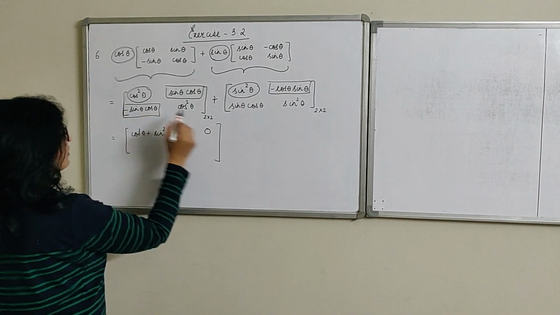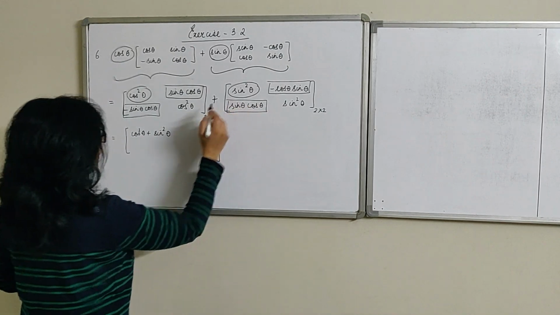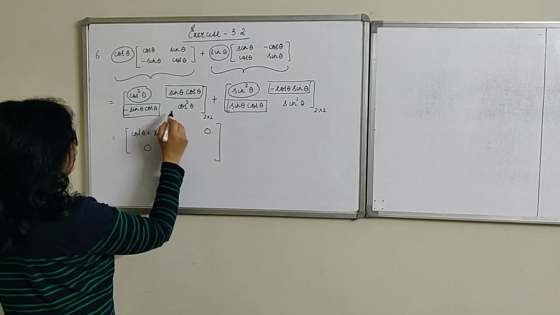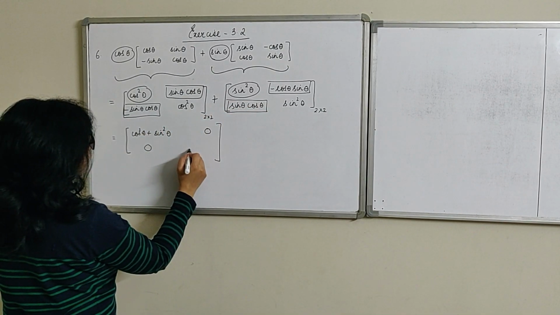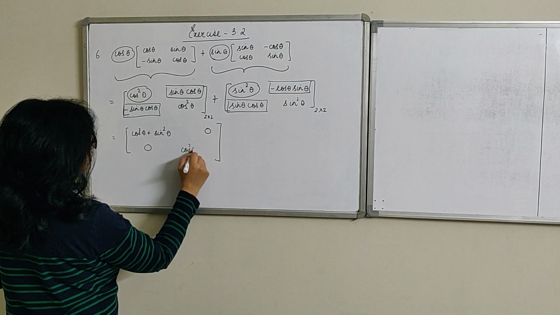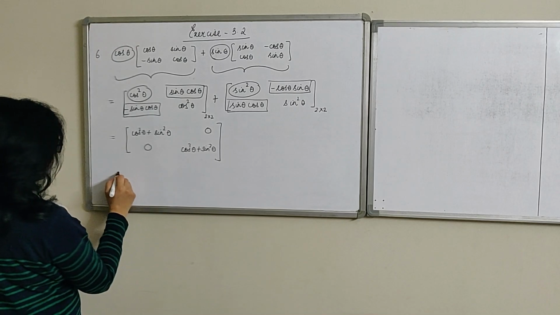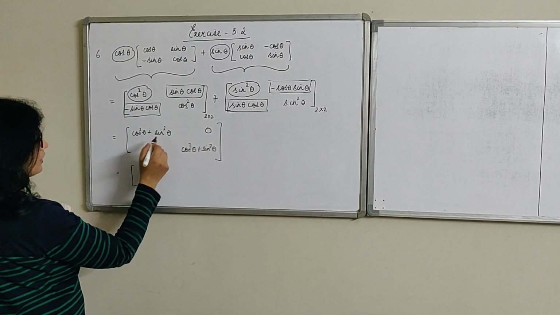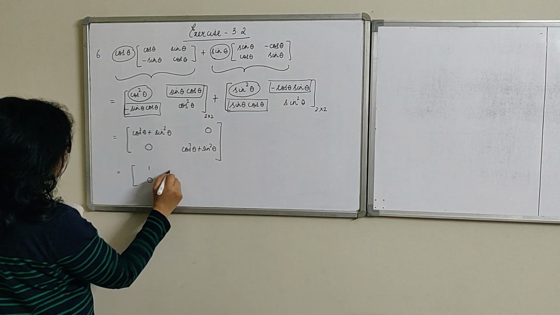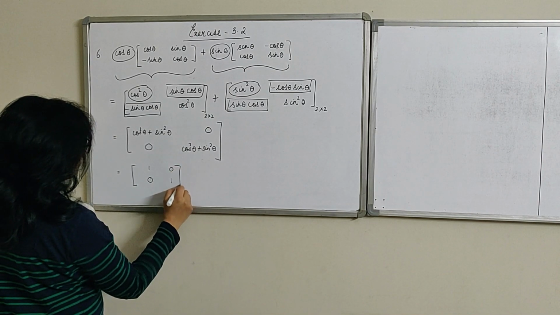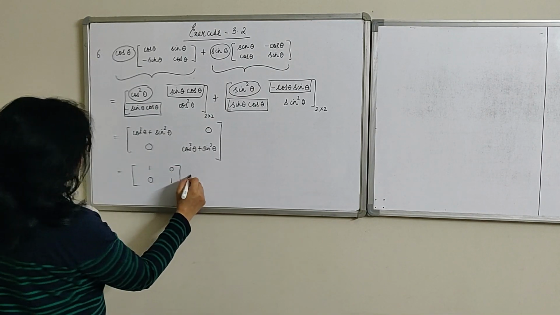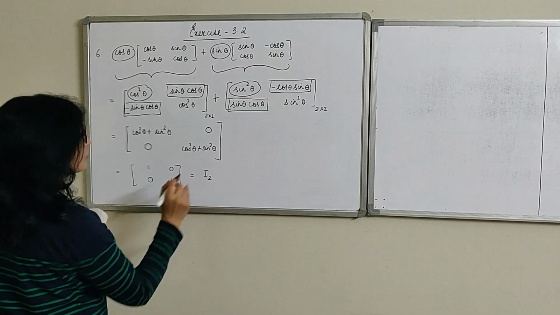Likewise, minus sin theta cos theta plus sin theta cos theta will give 0, and cos square theta plus sin square theta is this, and we know from trigonometry that cos square theta plus sin square theta is 1, and hence the result simplifies to an identity matrix of order 2.